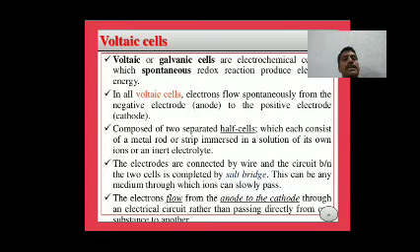This can be any medium through which ions can slowly pass.